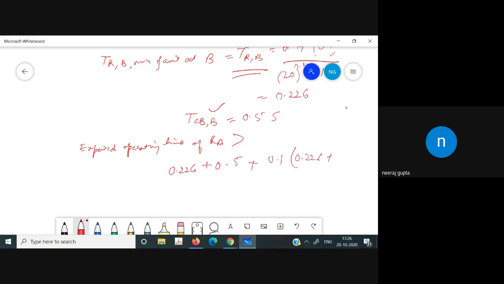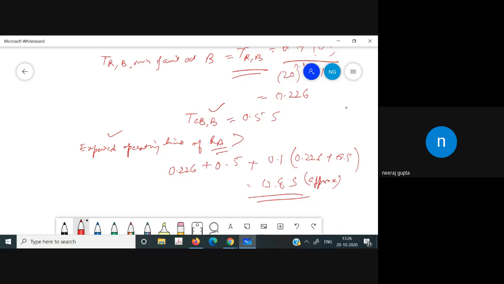So finally, we are getting it as 0.8 second approximately. So the expected value of RA should be greater than 0.8 seconds so that the selectivity is maintained.